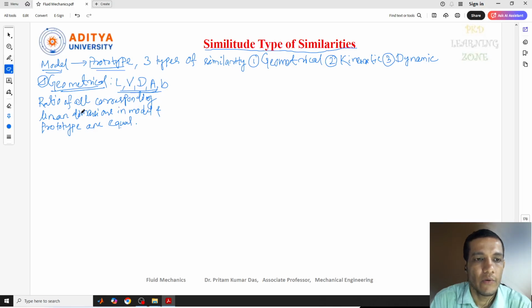So we can consider Lm, the length of the model.